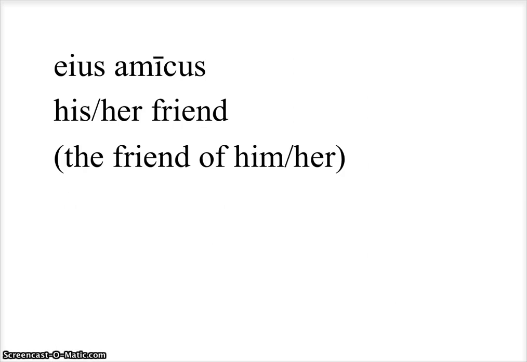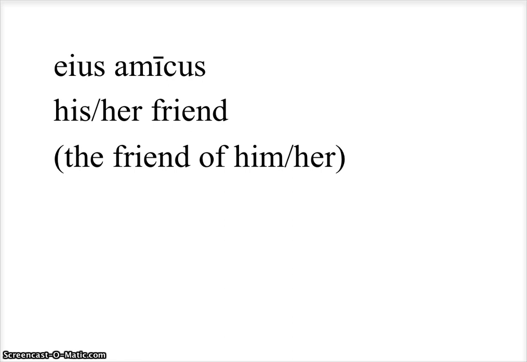Eius amicus, of, what does this mean? Let's take a close look at this. Wait a minute. Eius is genitive, and amicus is nominative. So it's not this friend or that friend, it's the friend of this person, or of that person, the friend of him or the friend of her.